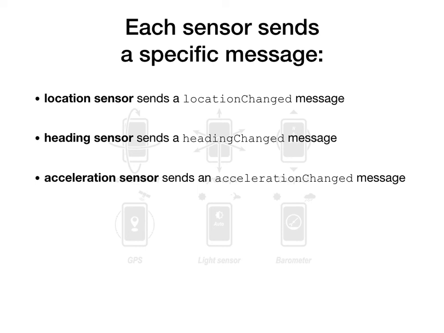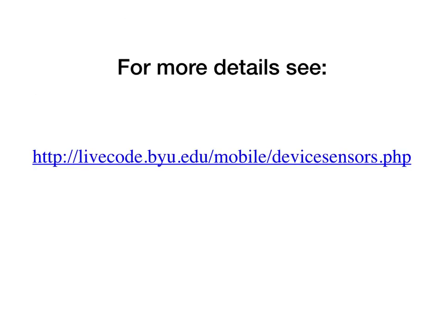When the acceleration sensor is on, it's going to send an acceleration changed message. And when the rotation sensor is on, it will send a rotation rate changed message. By handling those messages and taking the information that is sent along with them, you can do a lot of things to respond to the sensor inputs.